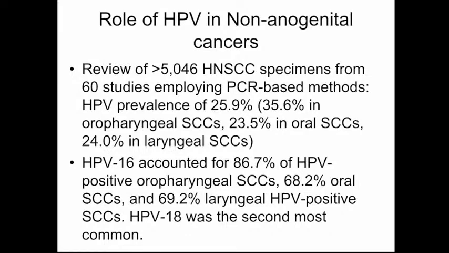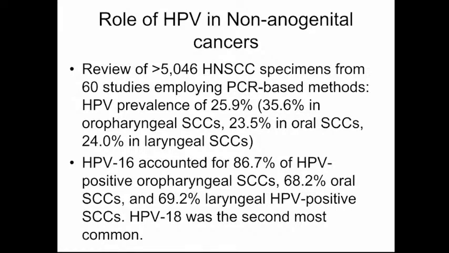An HPV prevalence of about 26% was established in head and neck squamous cell cancers. That included about 36% in oropharyngeal squamous cell carcinomas, 24% in oral squamous cell carcinomas, and a similar figure in laryngeal squamous cell carcinomas. So you can see that HPV is important in head and neck cancers.